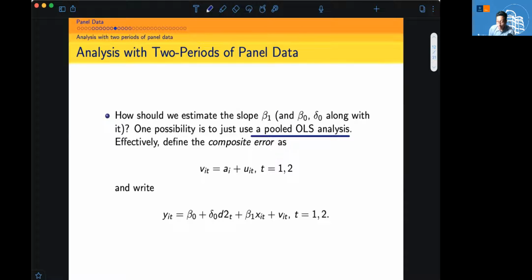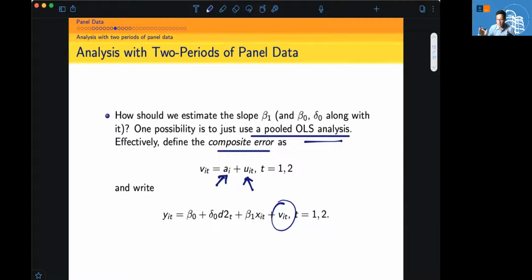Okay, and by using the pooled OLS analysis, we actually ignore that there is a composite error term that consists of the unobserved heterogeneity and the shocks. So we just write it as v_it.